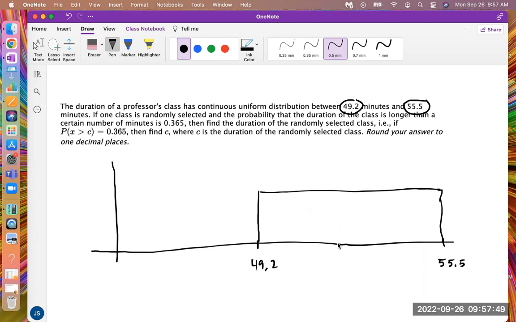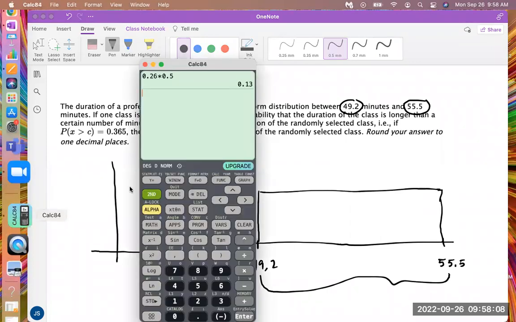Okay. So the first thing that we have to do in these problems is figure out the base of the entire uniform distribution. So that's from 49.2 all the way to 55.5. So that distance is, let's do it on the calculator here.